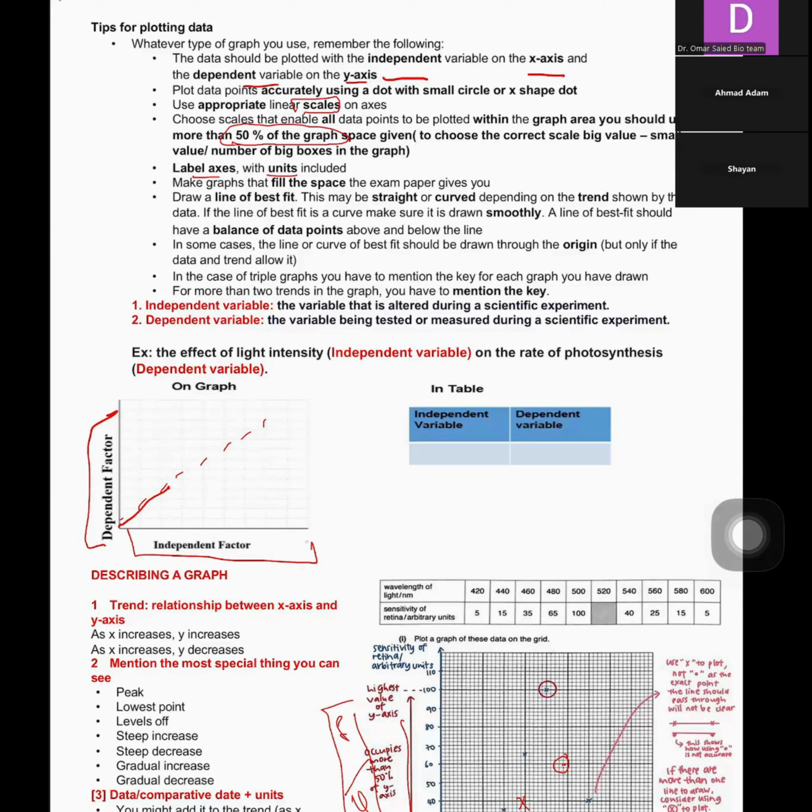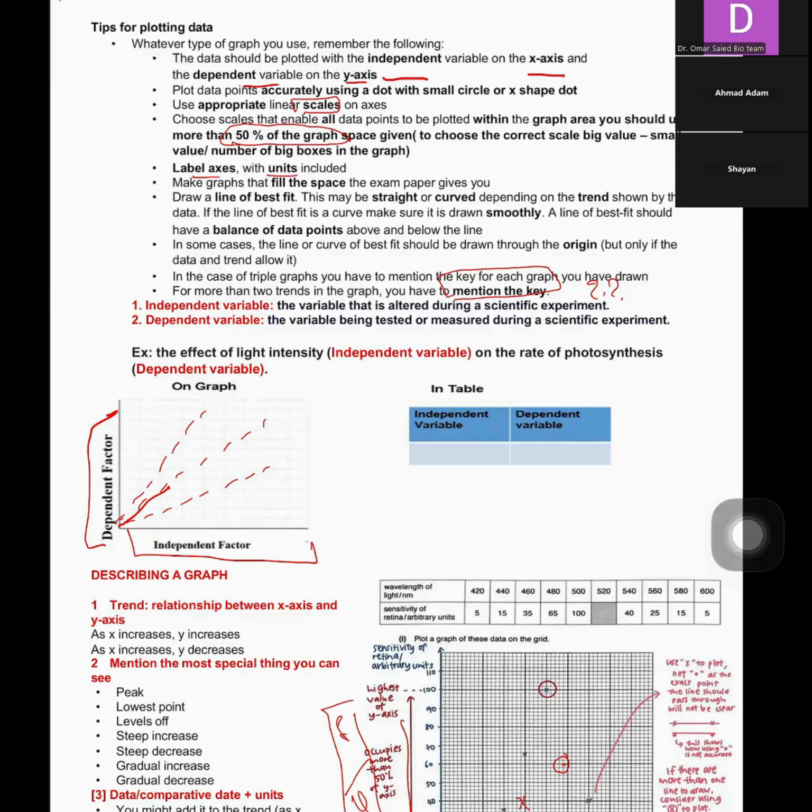Very important point: after you finish this part, you have to mention a key. When do you mention a key? If more than one point is repeated, or more than one factor is needed.